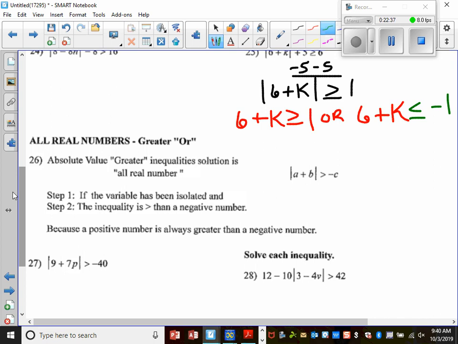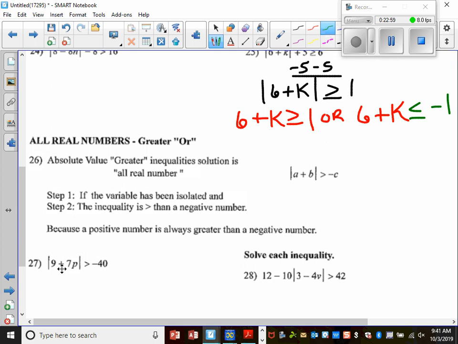Now, just as before, there's a special case where you could have all real numbers for or problems, the greater than problems, the greater than or equal to and the greater than inequality symbol. So here's the statement up here. If the variable has been isolated and the inequality is greater than a negative number. Here we go.